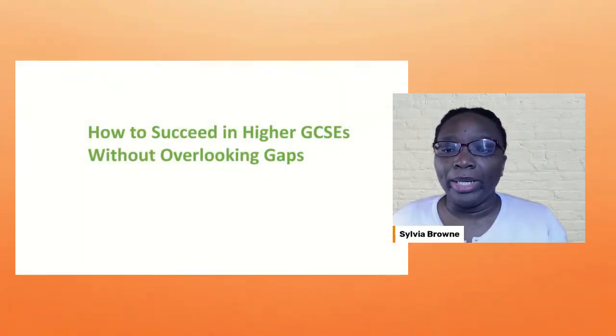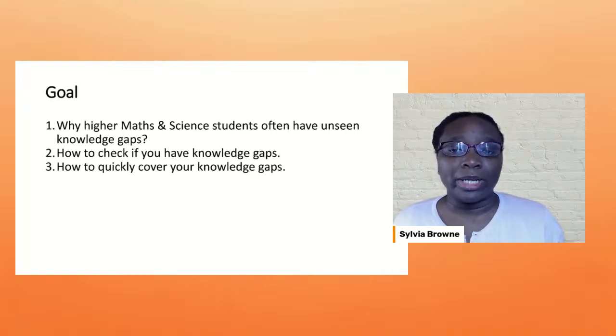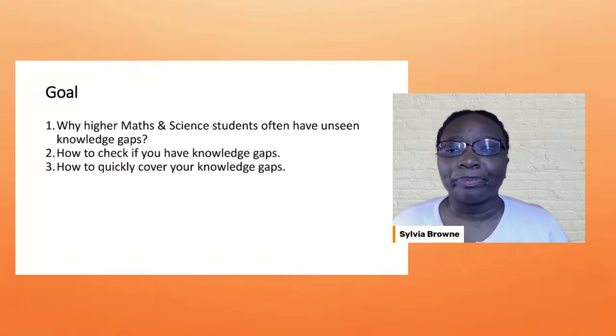So what are we going to focus on today? We're going to look at why higher maths and science students often have unforeseen knowledge gaps. Then we're going to look at how we can check if we have a knowledge gap. So if you're a student watching this, what can you do to find out if you have a knowledge gap? If you're a parent watching this, what can your child do to identify any knowledge gaps?